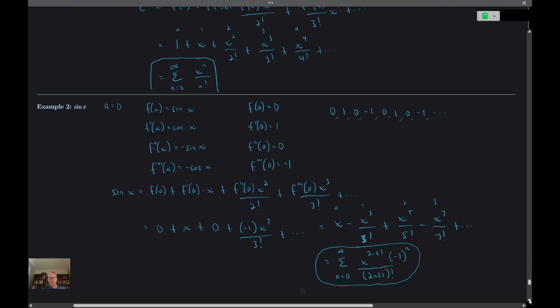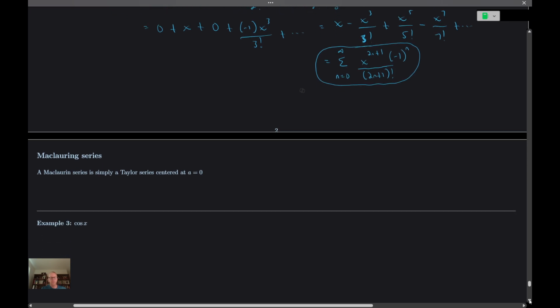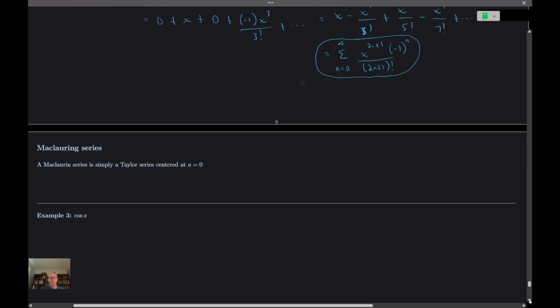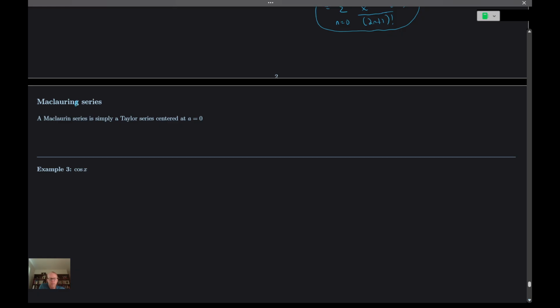Okay, so now you notice we've evaluated these at 0 so far. You could pick any number for a, as long as it's in the domain of the function. But a equals 0 comes up a lot, and so this is called a Maclaurin series. A Maclaurin series is simply a Taylor series centered at 0.